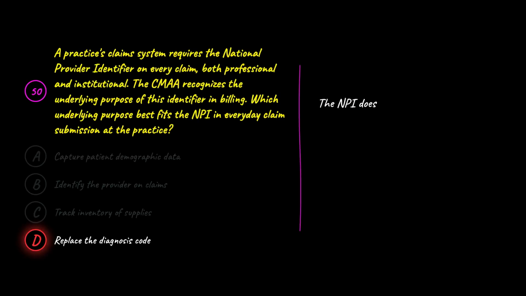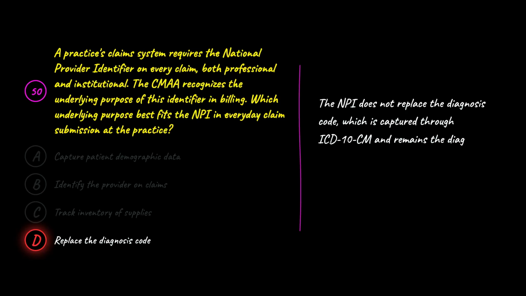D is wrong because the NPI does not replace the diagnosis code, which is captured through ICD-10-CM and remains the diagnosis source on the claim alongside the provider's NPI for the encounter being billed today.